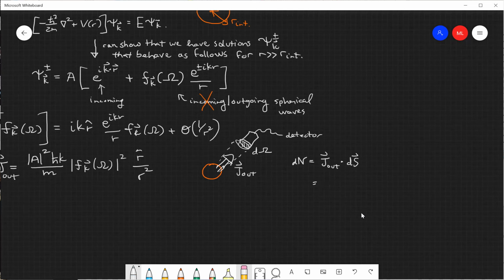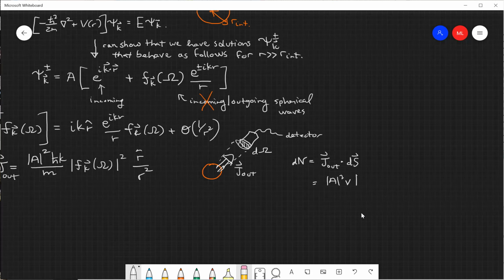Well, let's just write down J out first. It's amplitude squared h bar k over m, and we can identify h bar k over m right away. This is just the velocity, right? It's the momentum divided by the mass.